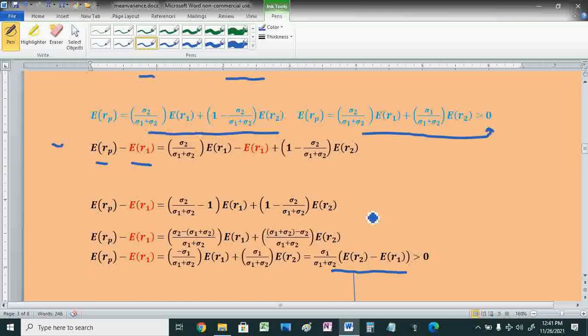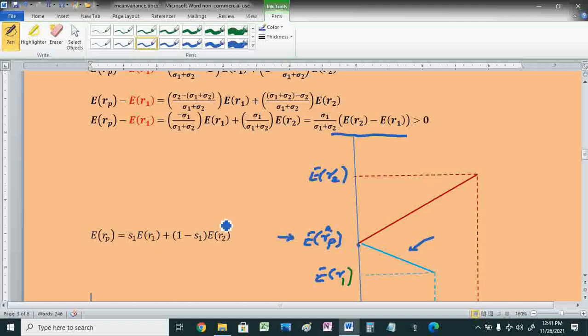Similarly, you can repeat this exercise by putting in this equation ER2 rather than ER1, and when you subtract ER2 from ERP on both sides, you will be able to see that the result will be less than 0. Whatever is the final equation, you will find that it will be less than 0, and so I have defined this intercept between ER2 and ER1.